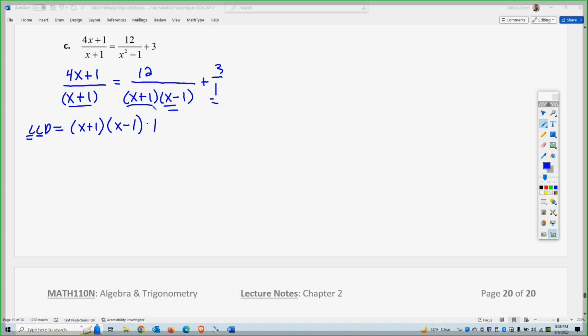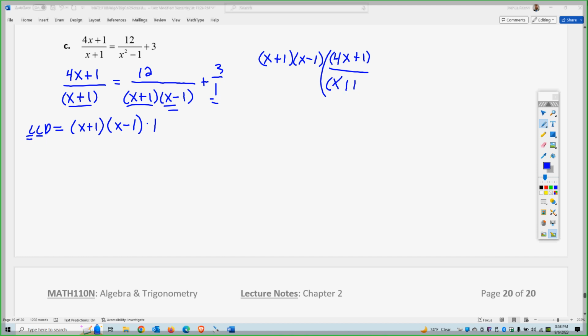Okay, so let's rewrite the problem again. I'm going to write the LCD first, so I space this out very well. X plus 1, x minus 1 times the left, which is 4x plus 1 over x plus 1, right?